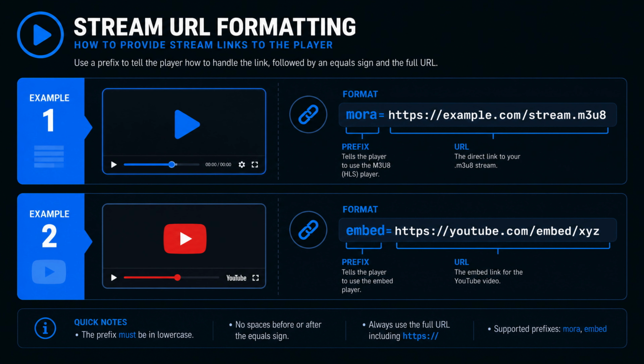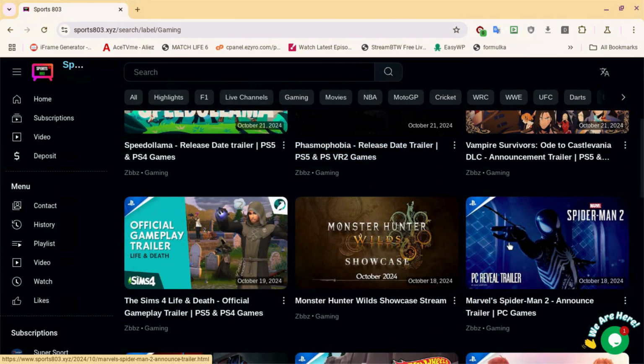Or if you have an embed link, you need to add the word embed equals and then the embed link. The player itself will load it automatically and put it to the list. Also, you can add the logo if you want.